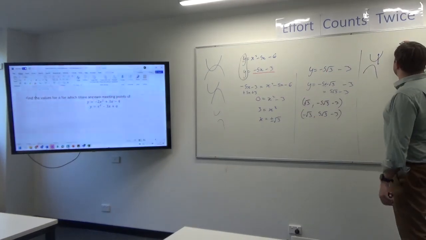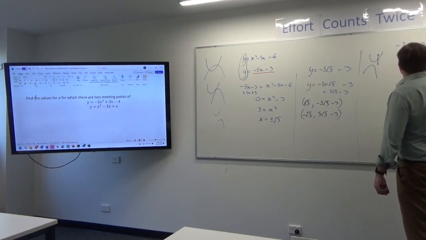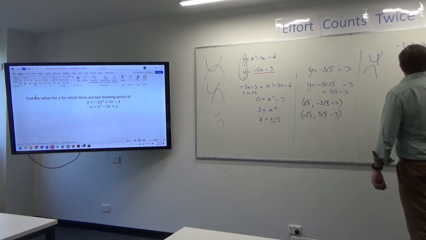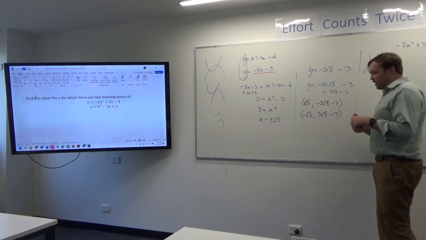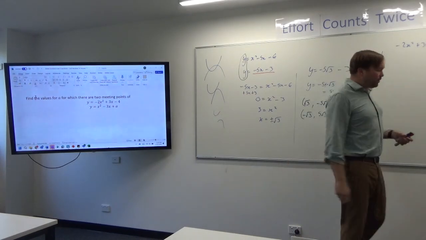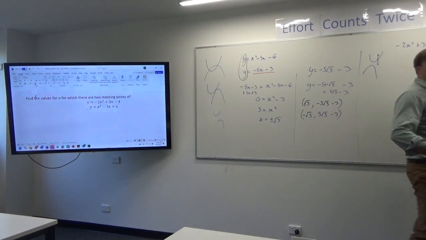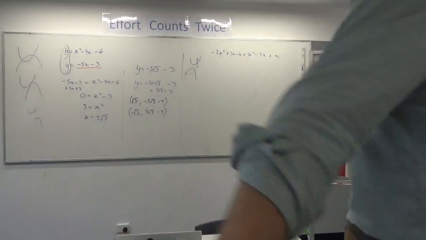So if we set them equal to each other, minus 2x squared plus 3x take 4 equals x squared take 3x plus a. Now, I want to get everything on one side, 0 on the other. By convention, you want a positive leading coefficient, so it tends to work out better for you if you have a positive number at the start.